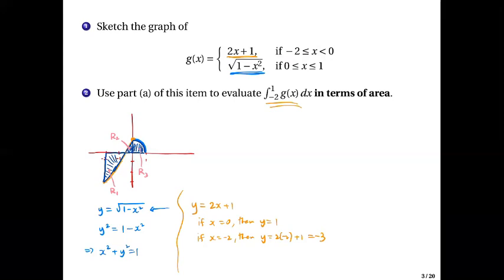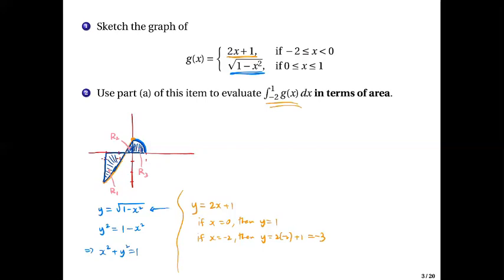Now, we need this triangle here. We need this base length to find the area of the triangle, and therefore we need this particular point. So we need the x value when y equals 0, coming from this line.